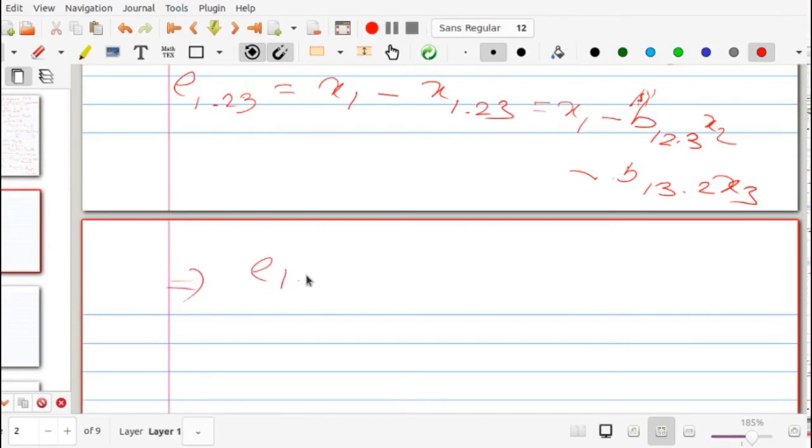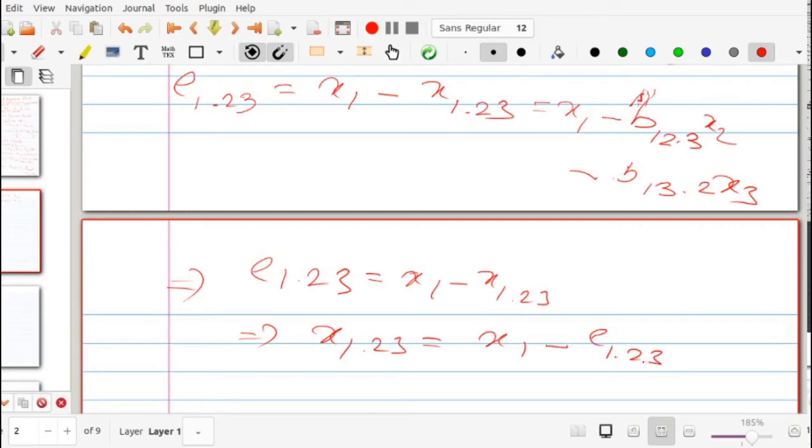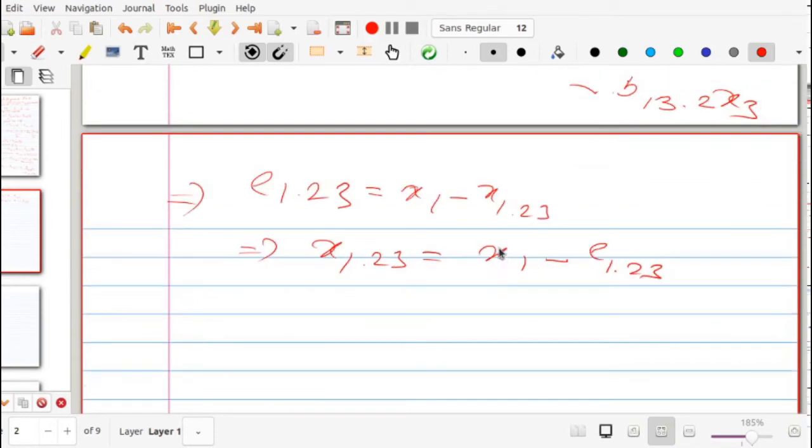This residual error is also equal to x1 minus x1.23, the estimated value of x1, which is the same thing. We are just interchanging the positions, the observed value minus the estimated value. Right. This is for three variables.